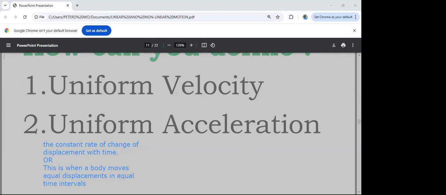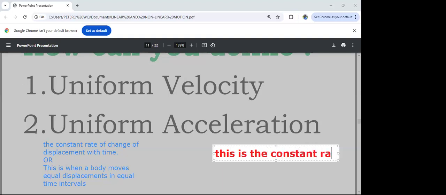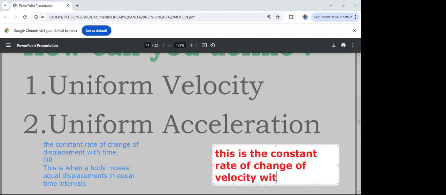Then for uniform acceleration, we are going to write this is the constant rate of change of velocity with time.